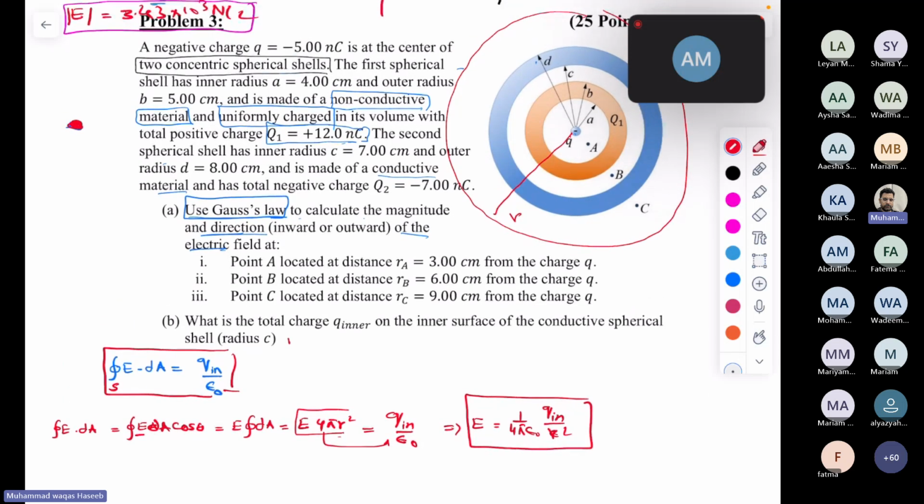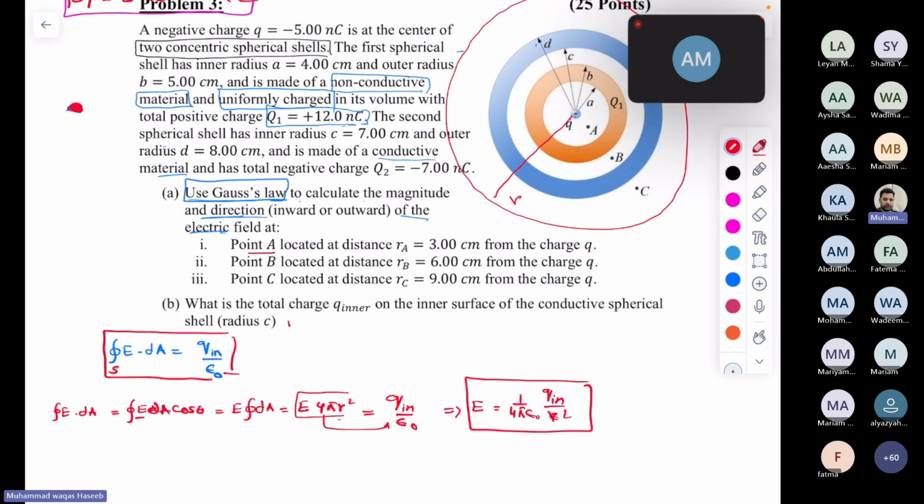Now, this is the total electric field. Point A is located at a distance RA from the charge Q, and this distance is 3.0 centimeter. So what is the electric field at this point? We take a Gaussian surface around it and apply Gauss law.